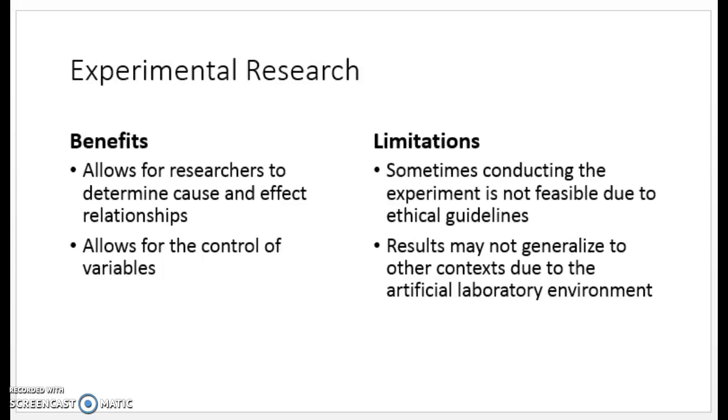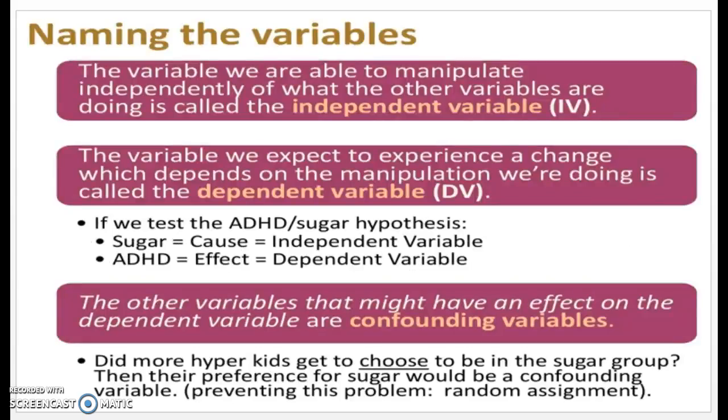That becomes a problem because ultimately we want to know with experimentation, can we apply these findings to the real world? With experimentation, we are looking at variables. We want to control variables as much as possible, and ultimately we are trying to manipulate one variable.